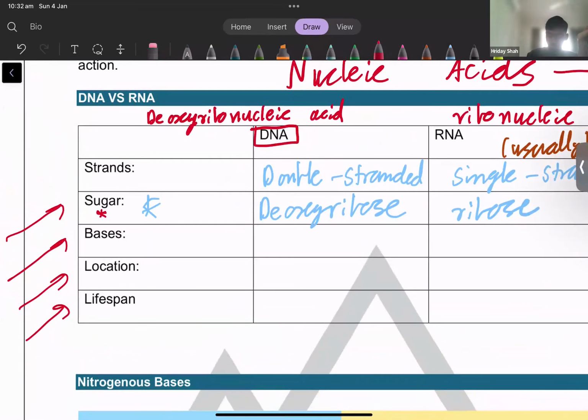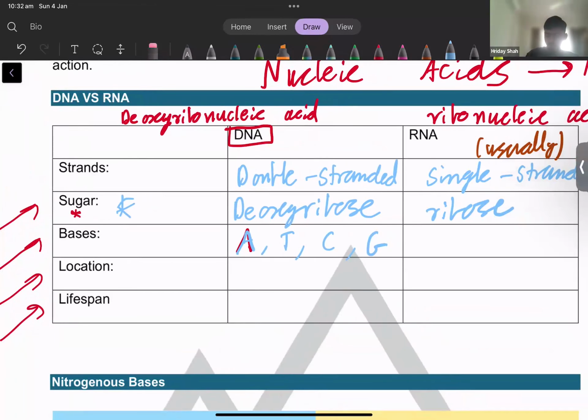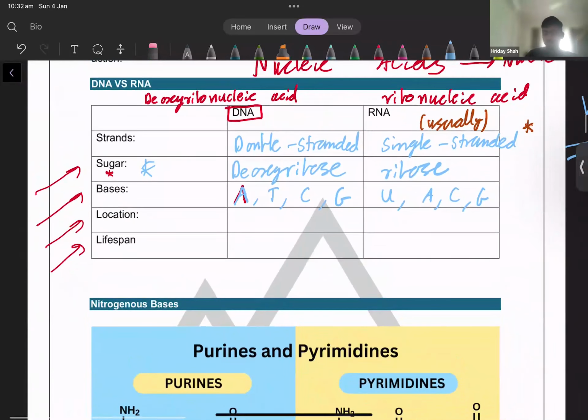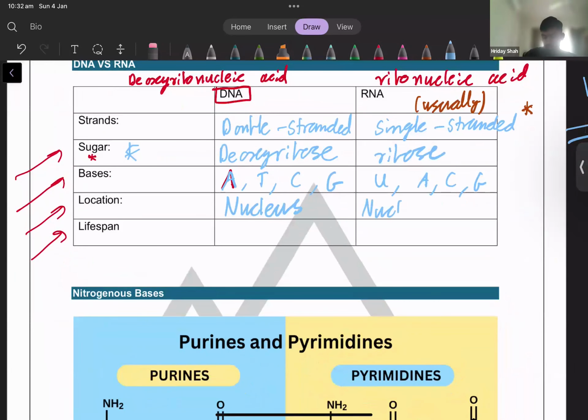The bases we have for DNA are A, T, C, G, and for RNA, we have U, A, C, G. Now, in terms of the location, where it is found, DNA is always going to be found in the nucleus. RNA is going to be found in the nucleus plus the cytoplasm.